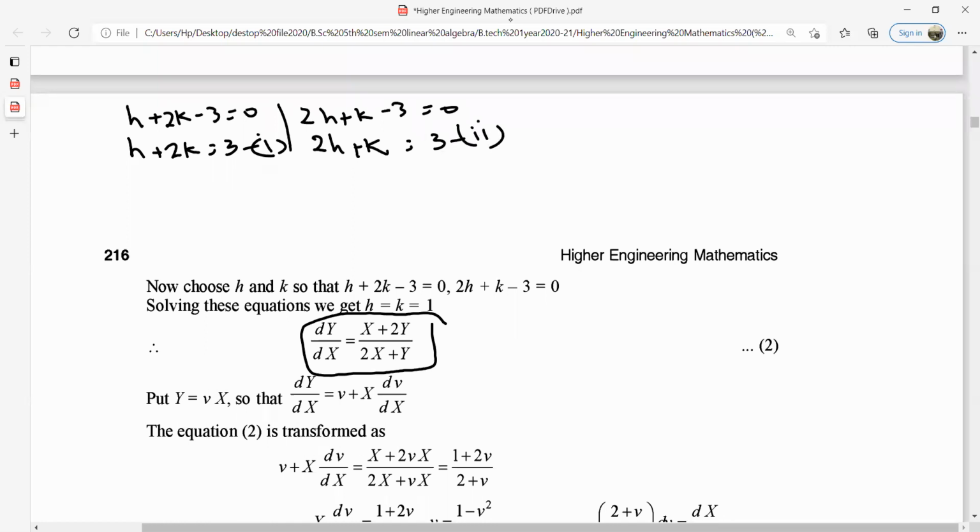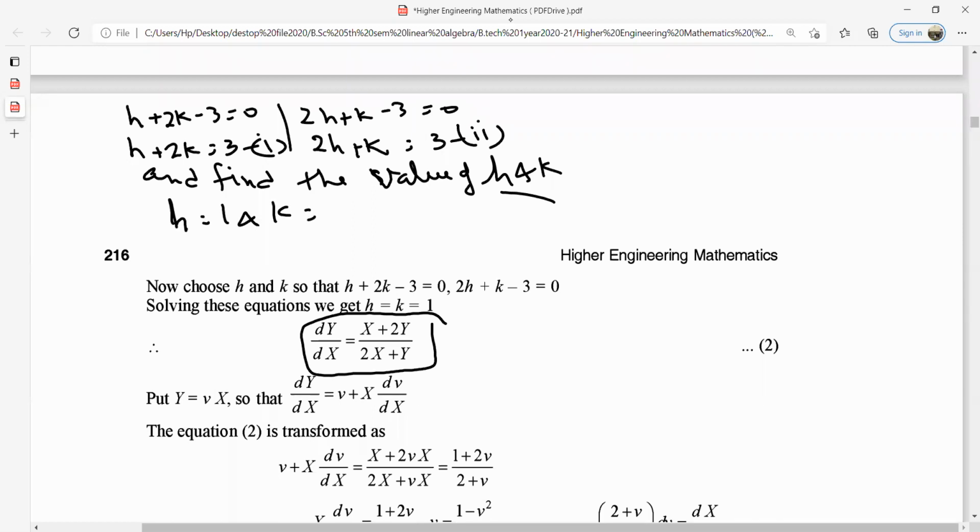Solving equation number first and second, and find the value of h and k by using substitution method, which we have already know about in 10th class. So you can easily find here h and k. Here is h equal to 1 and k equal to 1. These two value keep in your mind.